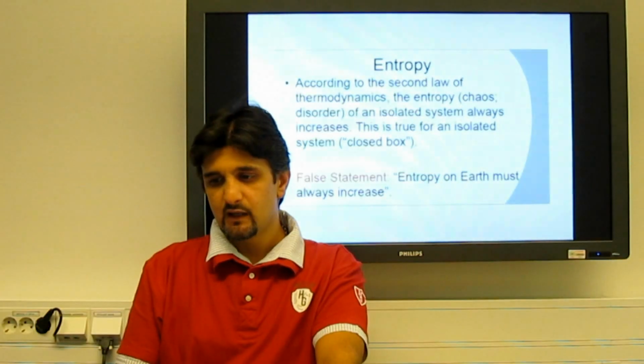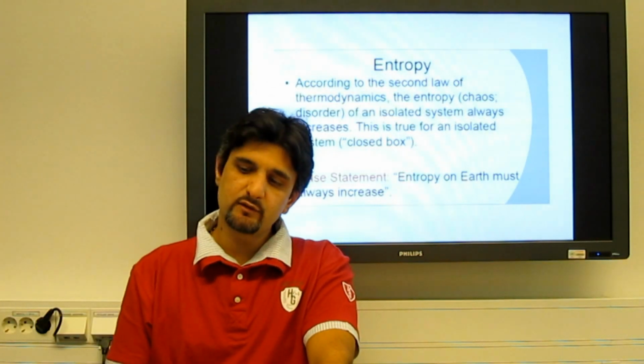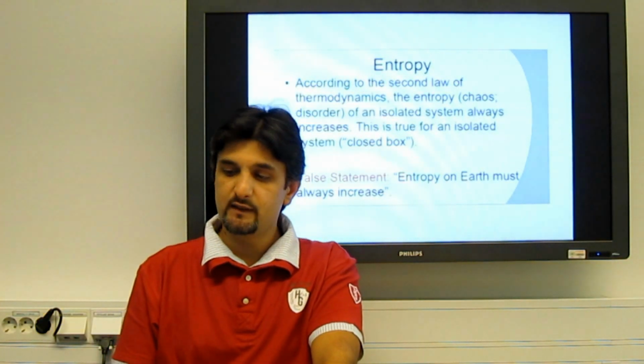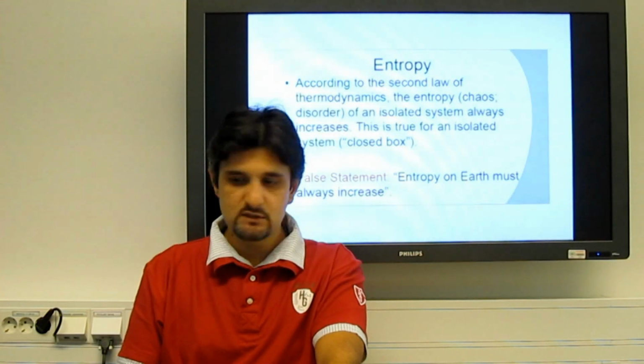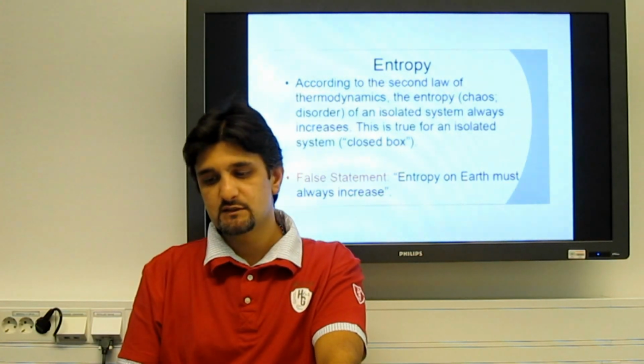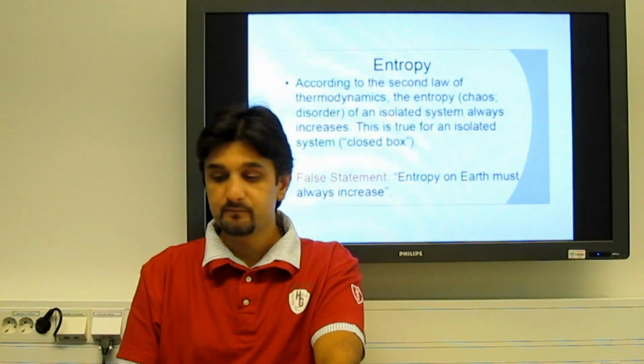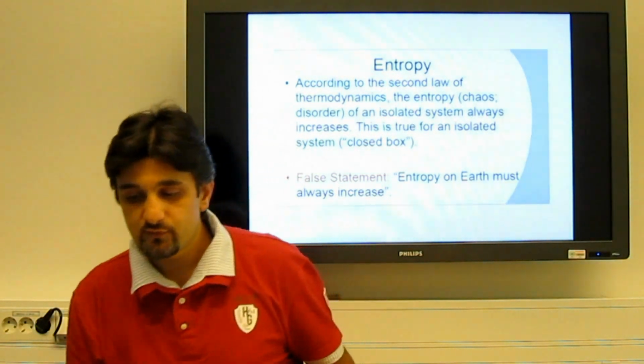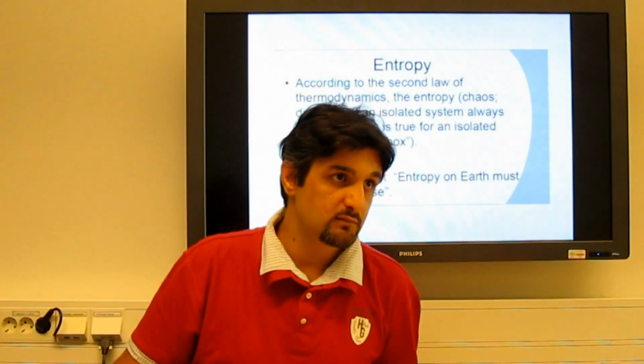The definition of entropy, according to the second law of thermodynamics: the entropy, the chaos and disorder of an isolated system always increases. This is true for an isolated system like a closed box.